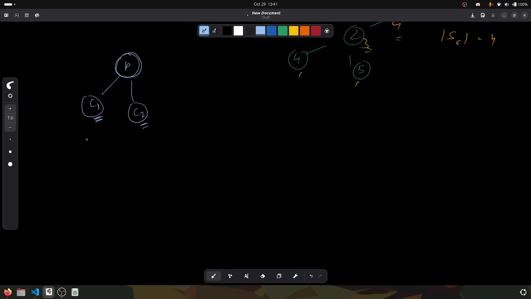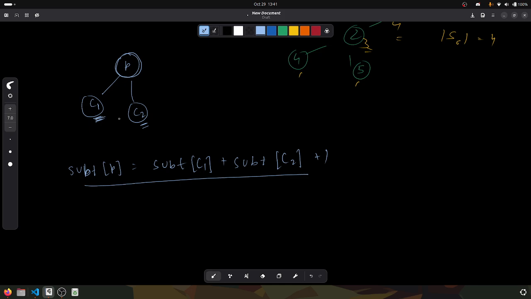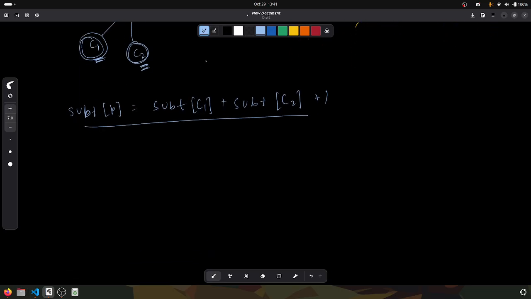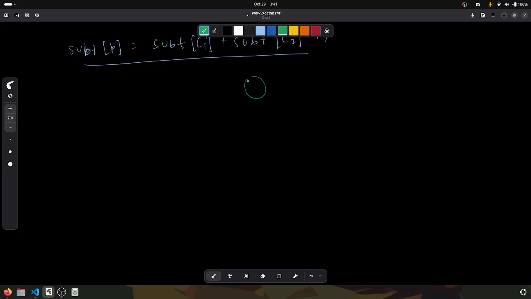So the subtree of P will be nothing but subtree of C1 plus subtree of C2 plus 1. So this is nothing but the sum of the number of nodes in the child subtrees plus 1. So let's make a tree.